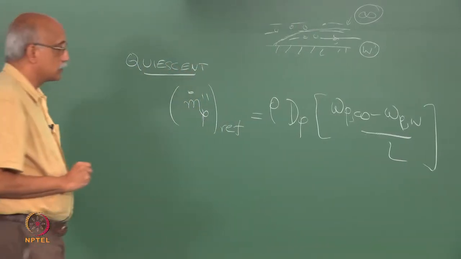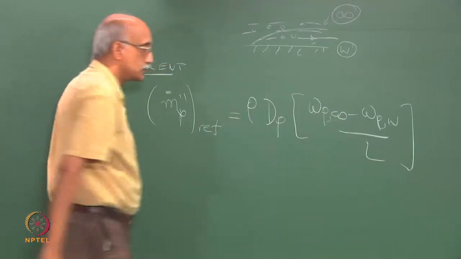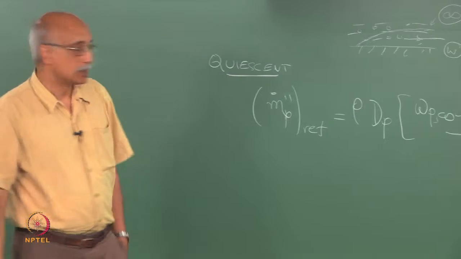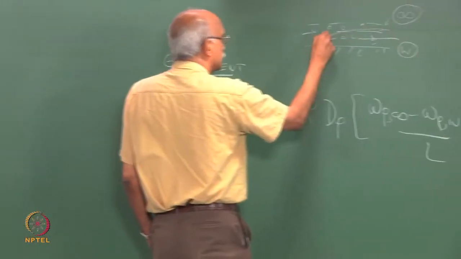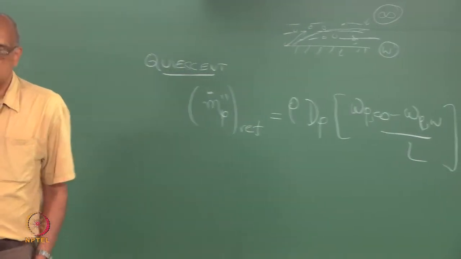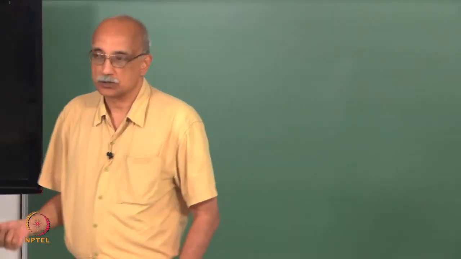So, when we talk about omega p infinity minus omega p w, what we are talking about is a gradient in the mass fraction of particles from here to here.